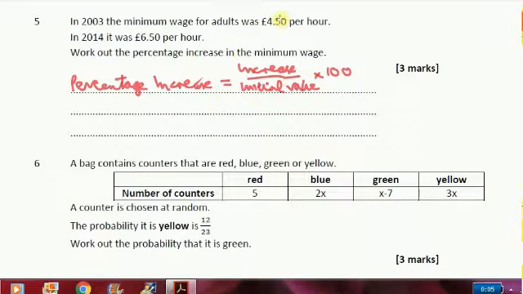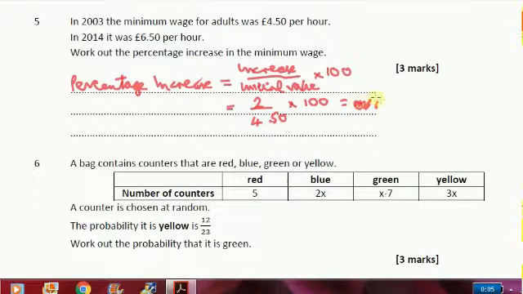So our increase from $4.50 to $6.50, that's an increase of 2, divided by the initial value. The initial wage was $4.50. We're working in pounds here. And that's times 100 to change it into a percentage. And now just use your calculator. And I think I get, sorry, no, not 0.